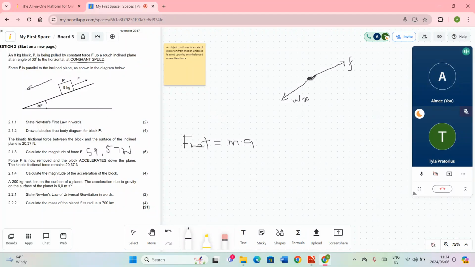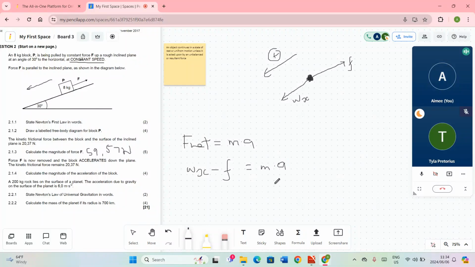So that means that the only force that is causing this block to move down this slope is the horizontal component of weight, and friction now moves to the opposite direction because the block is moving down the slope. Okay? So F net is going to be Wx minus friction. Why? Because it's moving in the opposite direction or the negative direction is equal to mass times acceleration.